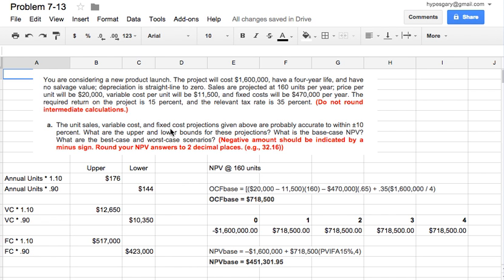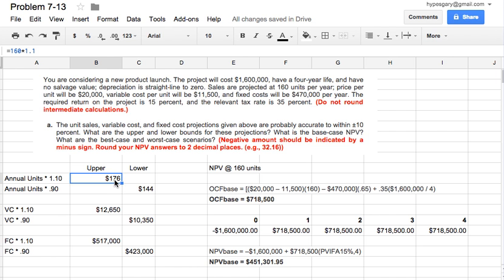Therefore, in this Google spreadsheet, what I've done is build two columns, one for the upper, one for the lower, and varied the base items that are subject to change by the 10% increase or 10% decrease. For example, if you take 160 units per year and multiply it by 1.10, you will get 176 units.